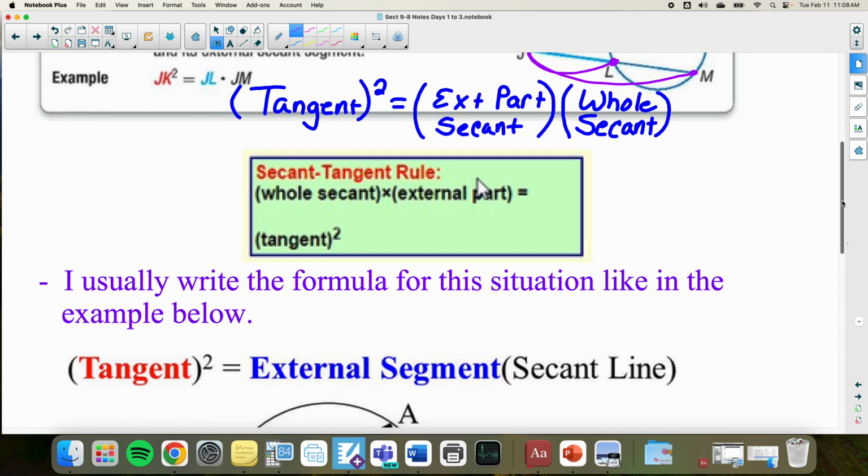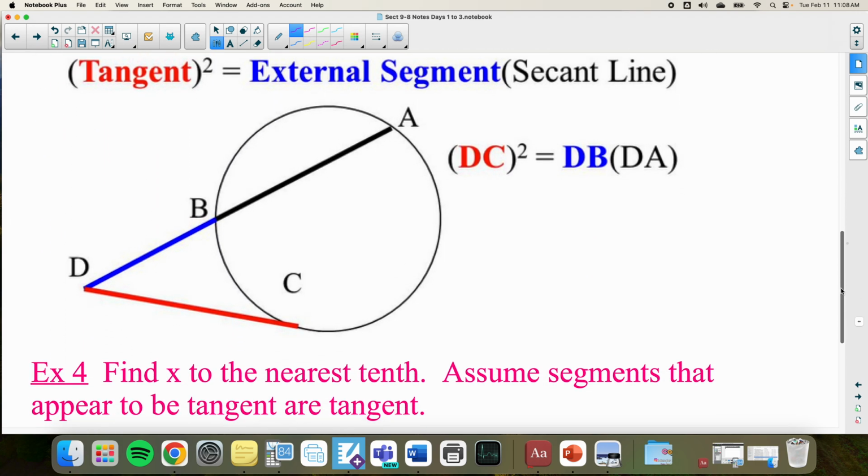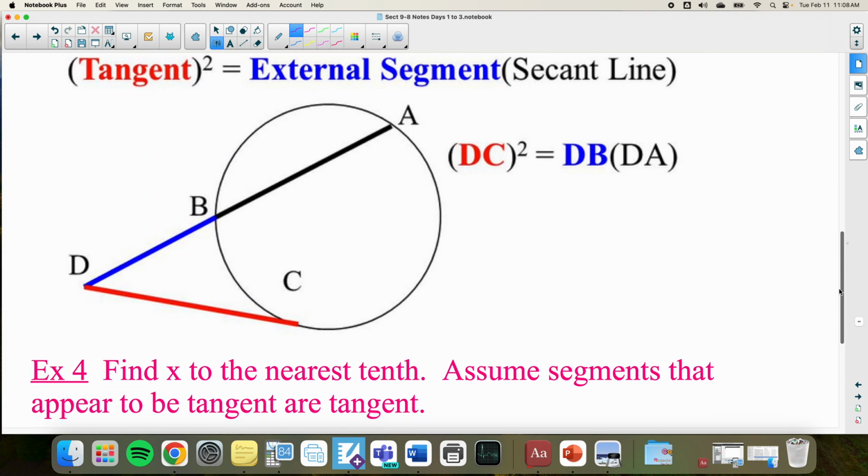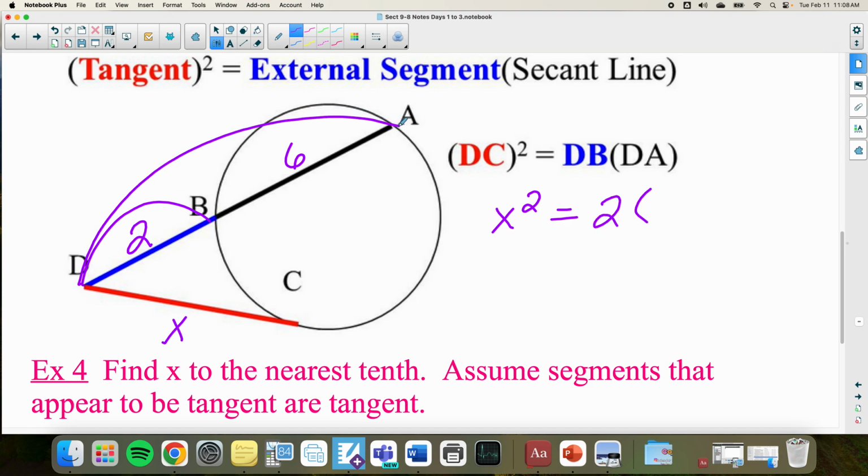So in both cases, you take your tangent and you square it, and then you take the external part times the whole thing. Okay, so again here, like say that you knew this was X, this was 2, and this was 6, let's say, okay? So what you would do is you would take X and you'd square it, and then you take the external part, which is 2, times the entire part, which is 2 plus 6, which is 8, okay?